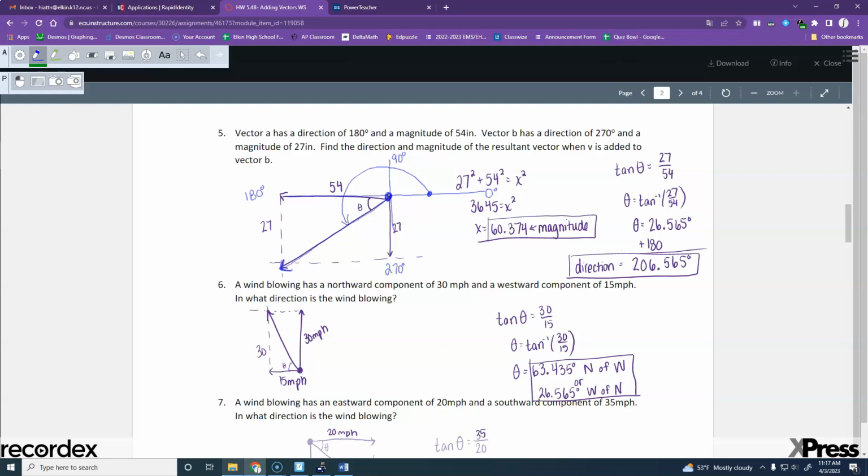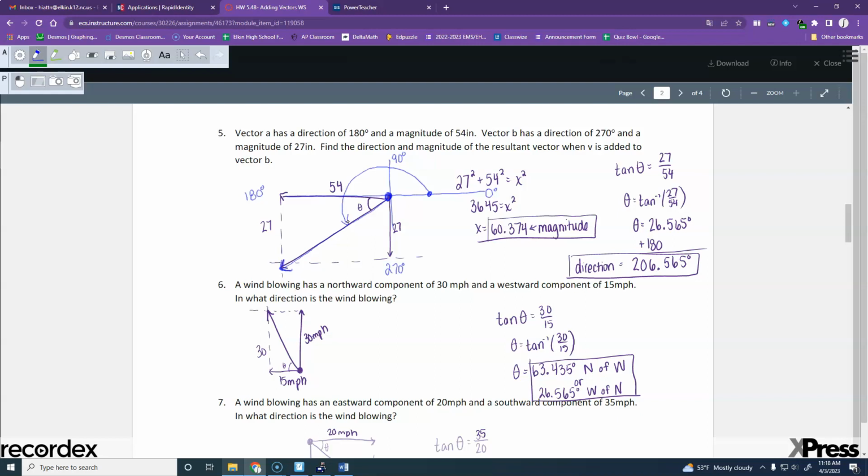So in this case, you can't really find that whole angle right away, but we could find this angle right here, and then we could add 180 to it. So you're going to set that up. Tangent is going to be 27 over 54. You'll do inverse tangent, which is going to give you 26.565 for this angle. You will add 180 to it to give you that direction that is just a general direction on the coordinate plane.